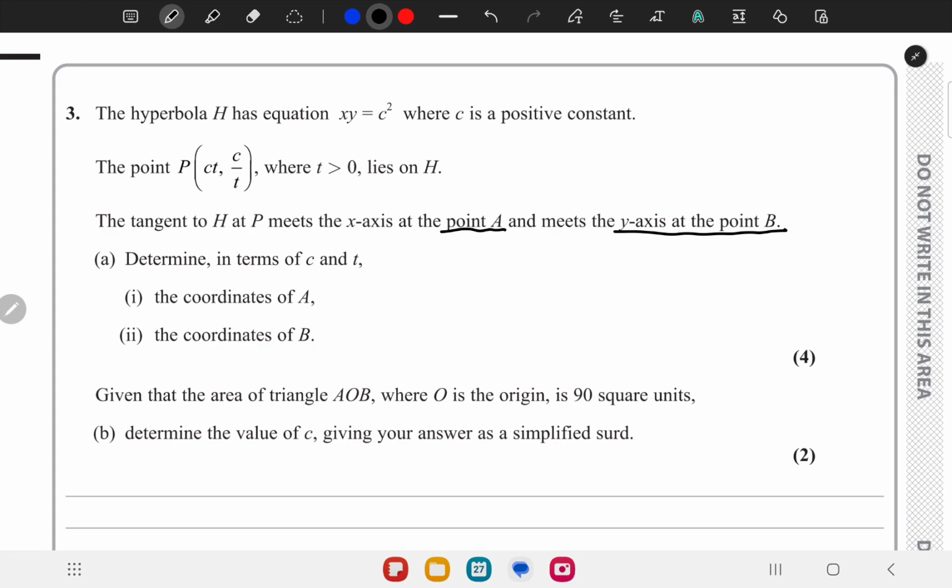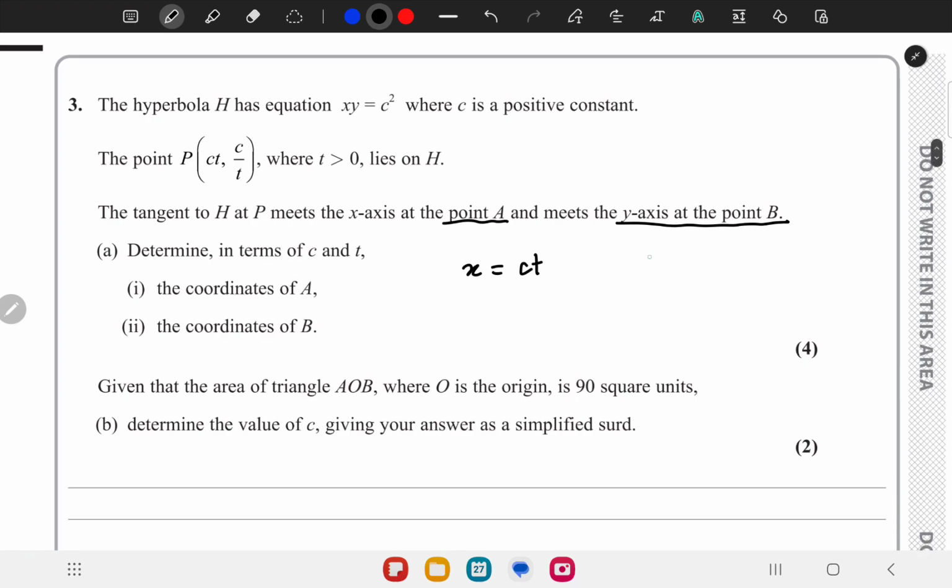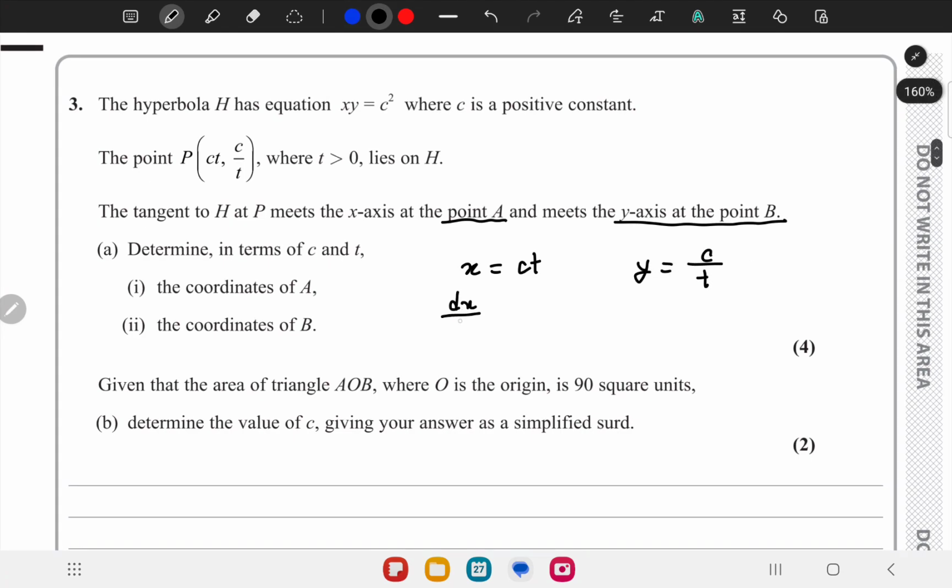So we know that x is ct and y is c by t. So dx by dt would be c and dy by dt would be minus c by t square. This was basically y is c times t to the power minus 1, so dy by dt is minus 1 c t to the power minus 2, so minus c by t square.